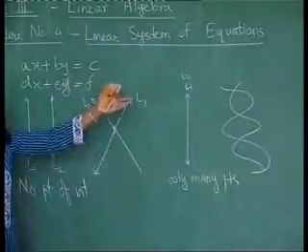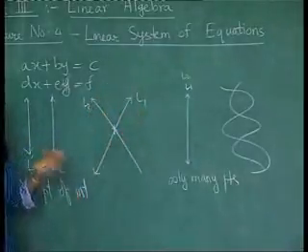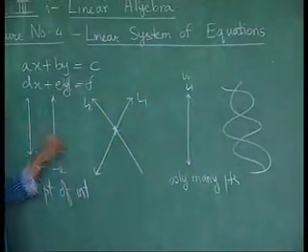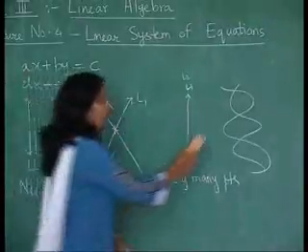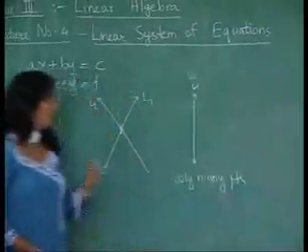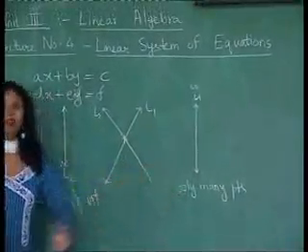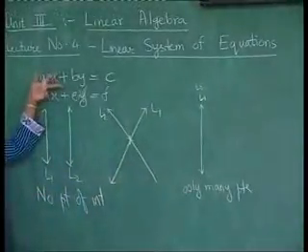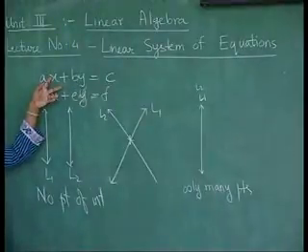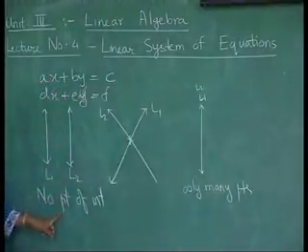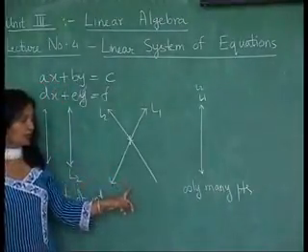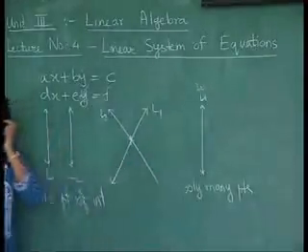But then we are not looking at such figures, we are looking at lines. So for lines there can be only 3 possibilities. Either there will be no point of intersection, exactly one point of intersection, or infinitely many points of intersection. So for such a system, I'll get either no solution, exactly one solution, or infinitely many solutions.